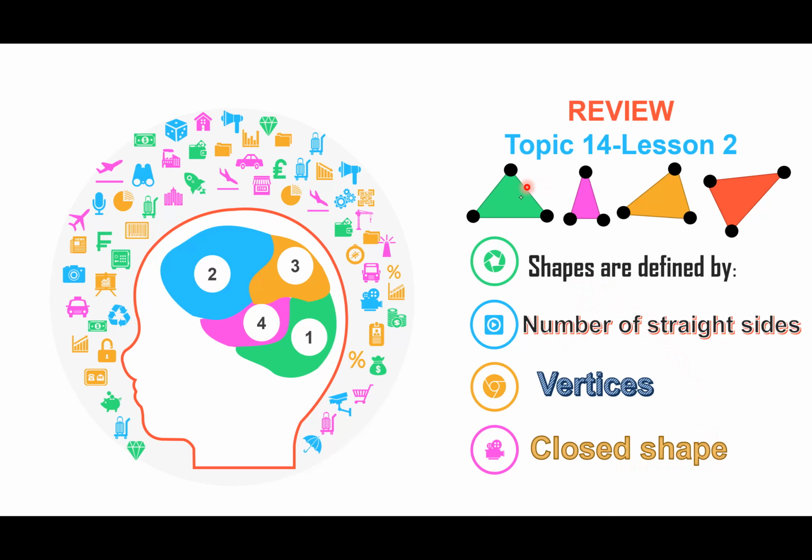You can see over here on top, all these shapes are the same because they all have 3 sides and 3 vertices. 1, 2, 3. And they are all closed shapes. It means if I place my finger here and go all the way around, I end up at the same point. So all these shapes are closed shapes.